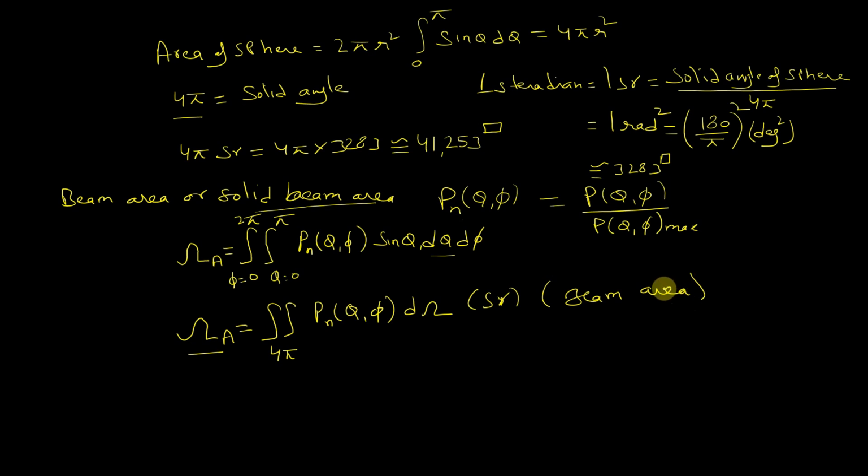So the beam area is a solid angle. This beam area is the solid angle through which all the power radiated by the antenna would stream if P n theta phi maintained its maximum value over omega A and was 0 elsewhere.